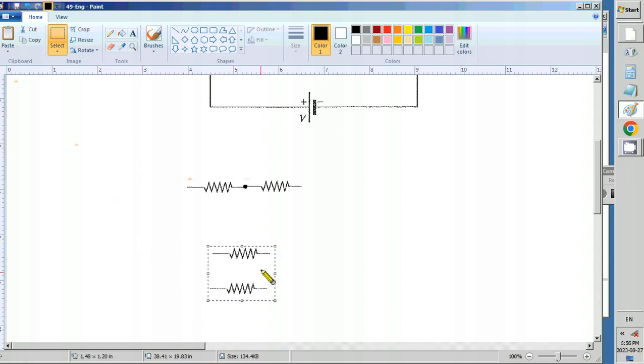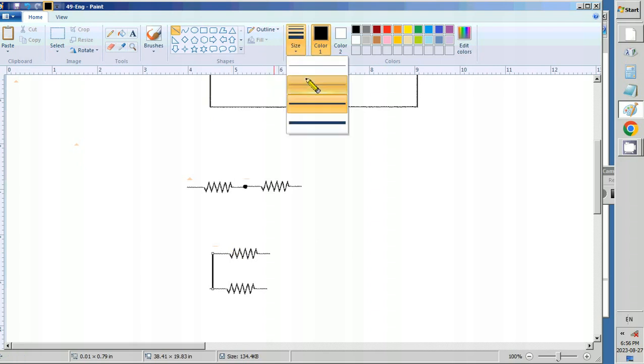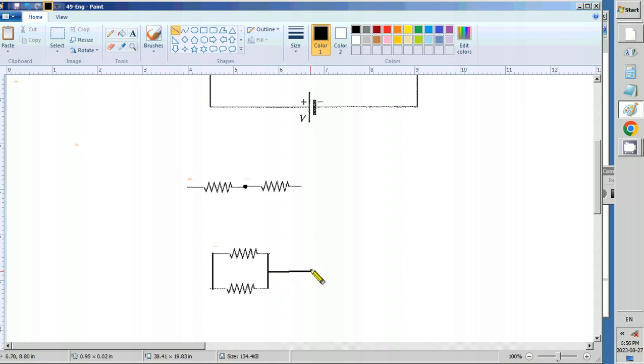If we connect the two resistors like this, we call that these resistors are in parallel. So the final resistance we should be able to calculate.